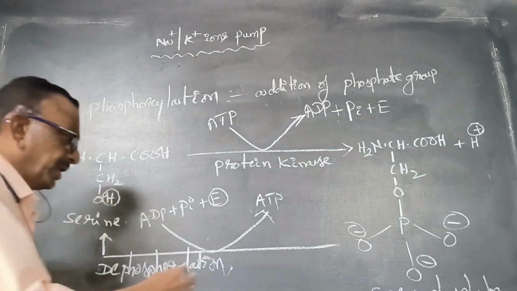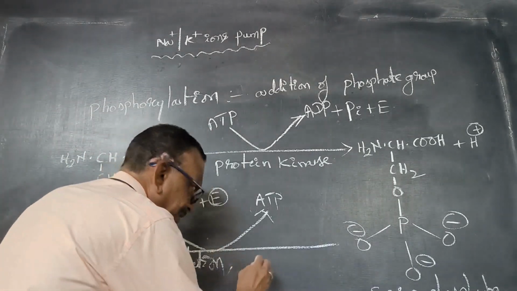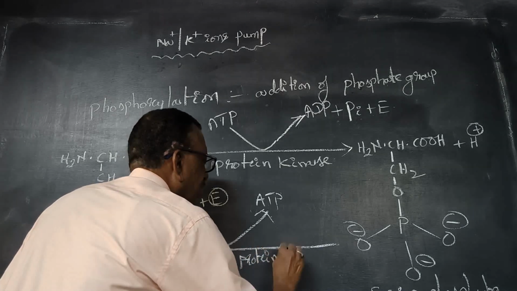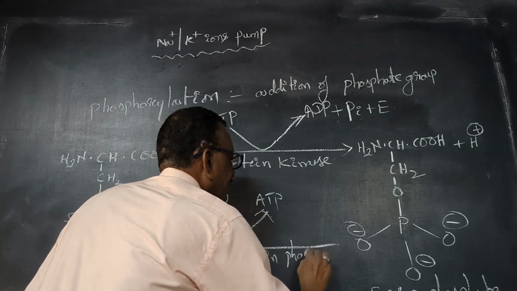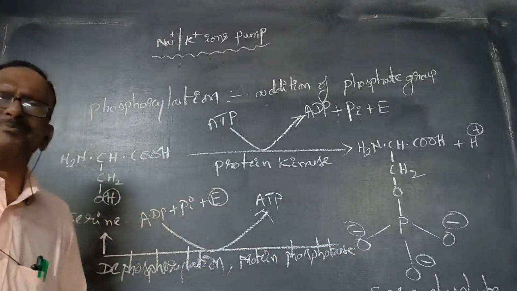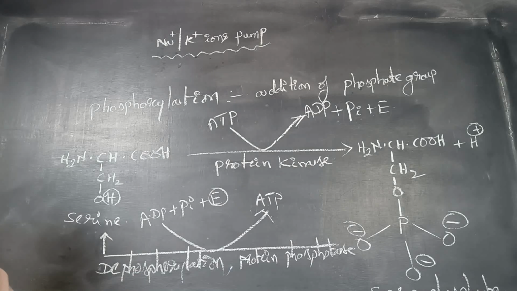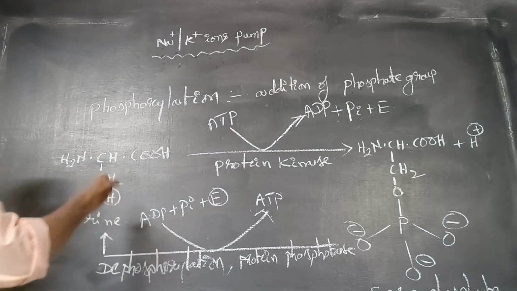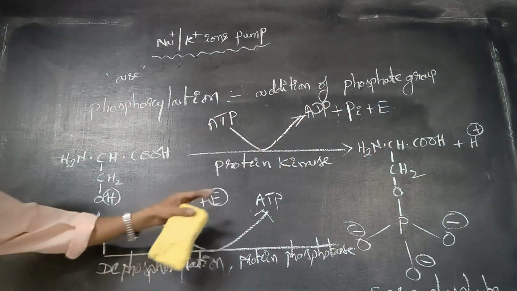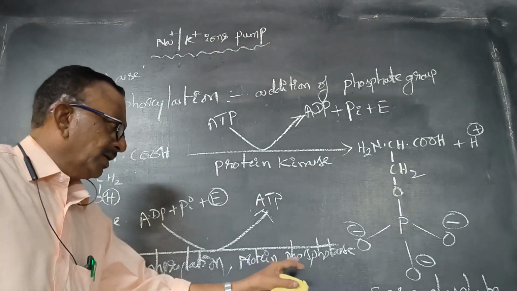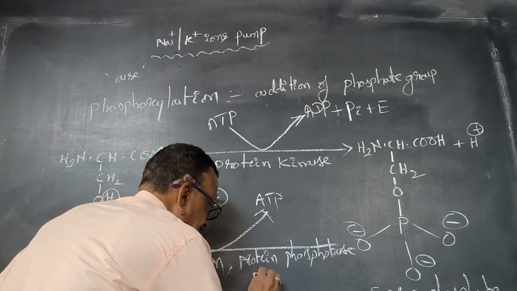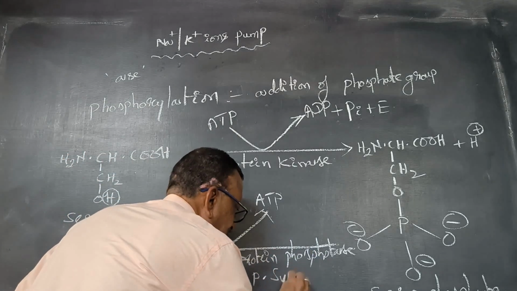This is catalyzed by another enzyme. Its name is protein phosphatase. Generally, enzyme names end with ase. Kinase, phosphatase, or this can also be catalyzed by protein synthase.